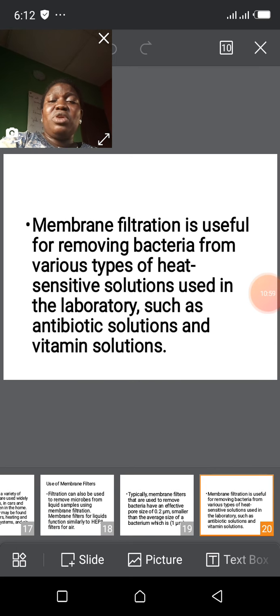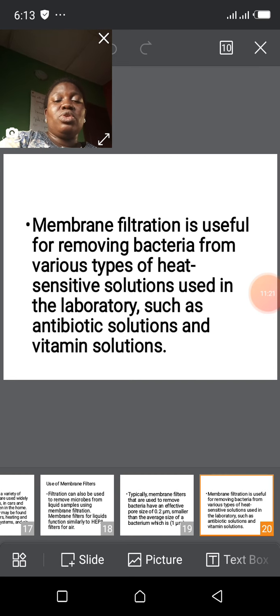Don't forget, I've told us that antibiotics are also certain types of microorganisms that have the ability of inhibiting the growth of other microorganisms. Now, if you're sterilizing this kind of antibiotics, the heat is going to denature the protein, thereby tampering with the quality of the antibiotics, which will not give you the effectiveness of the antibiotics.